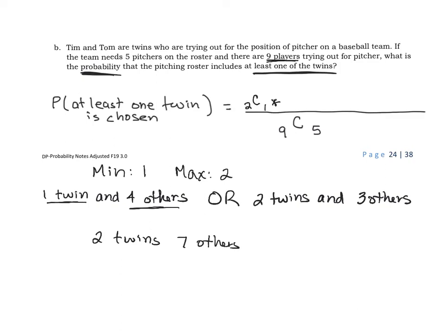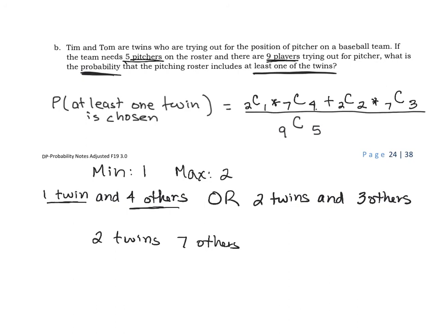So then I have 7 others. How many do I need? 4. So 1 plus 4, I've got my 5 pitchers. Very good. Or 2 twins: I have 2, I need 2. And 3 others. I have 7 others, I need 3.